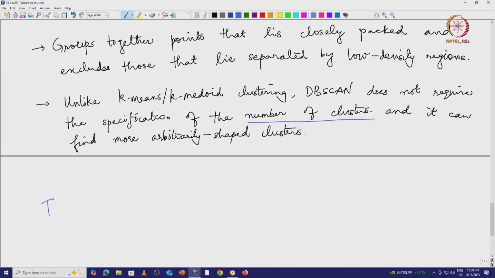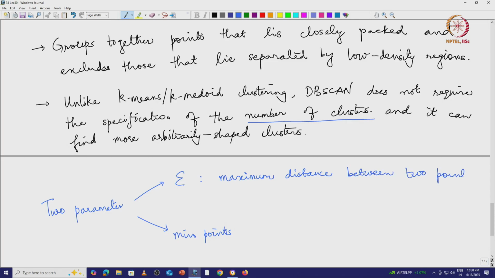Okay. So, the parameters that we need to specify are 2 in number, and these are epsilon and the minimum number of points. Epsilon is the maximum distance between 2 points to be considered as neighbors.